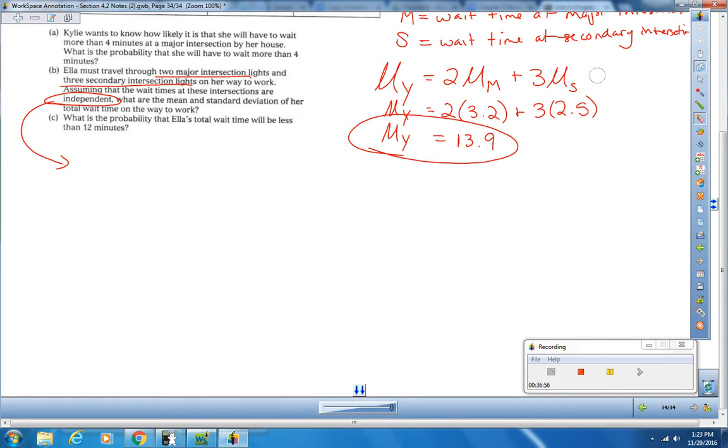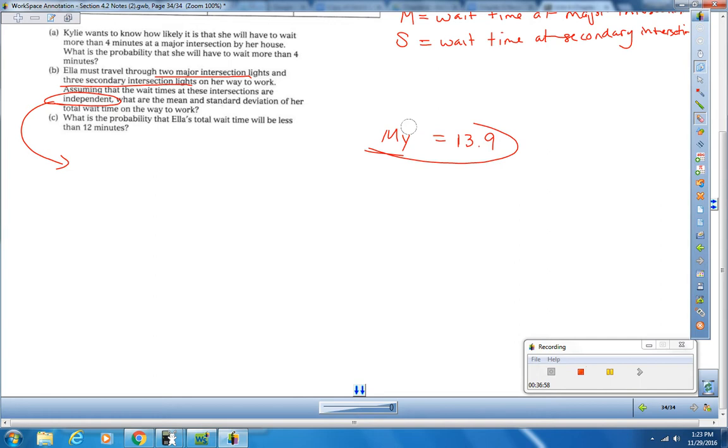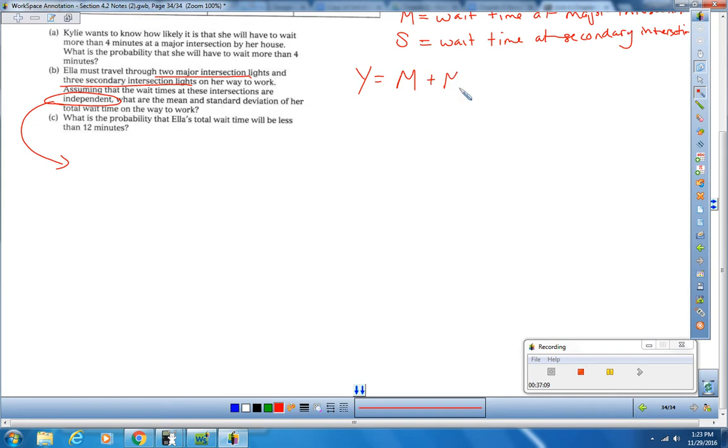In fact, this should probably be written differently as well. It should not be written as 2m plus 3s. It should be written as y is equal to m plus m plus s plus s plus s.